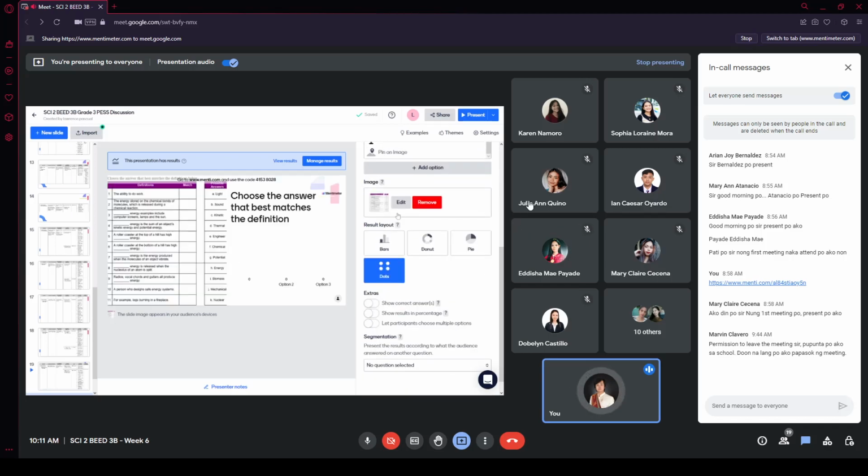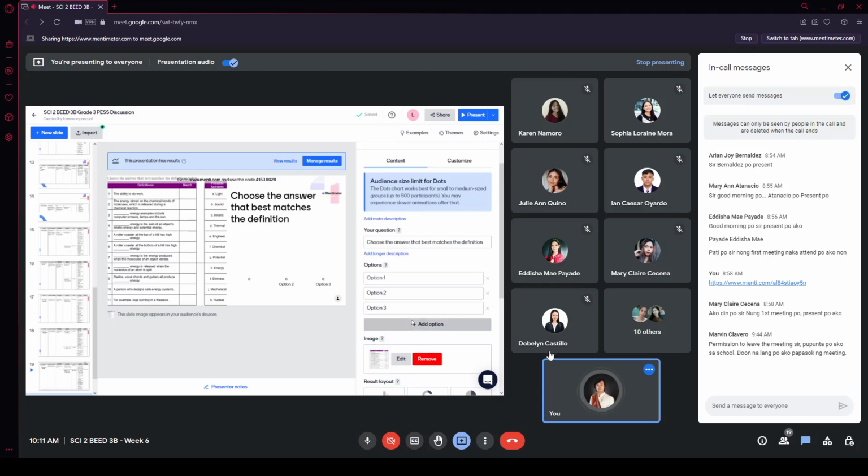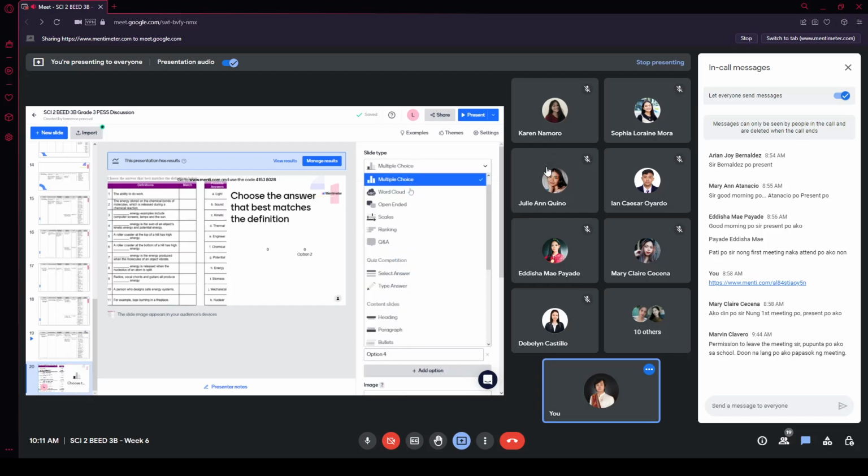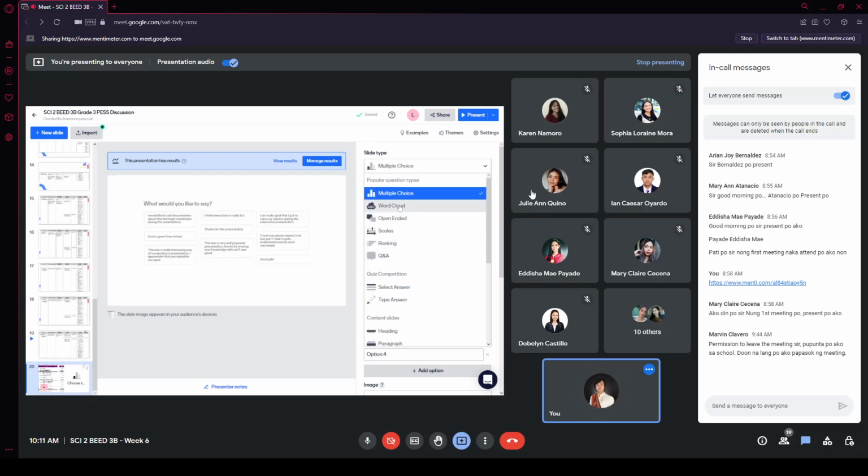So for matching type, we should use another option here. No, not skills.